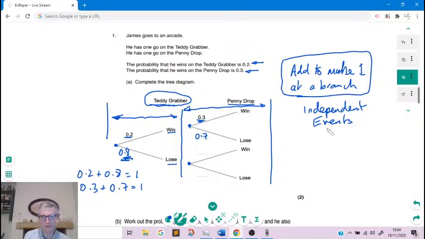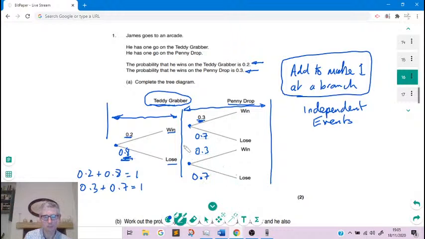So they're independent events for that reason. In which case, the probabilities here are going to be the same as they were above. That's going to be 0.3, and that's going to be 0.7, because whether or not he's won on the teddy grabber doesn't affect the probability of him winning on the penny drop.